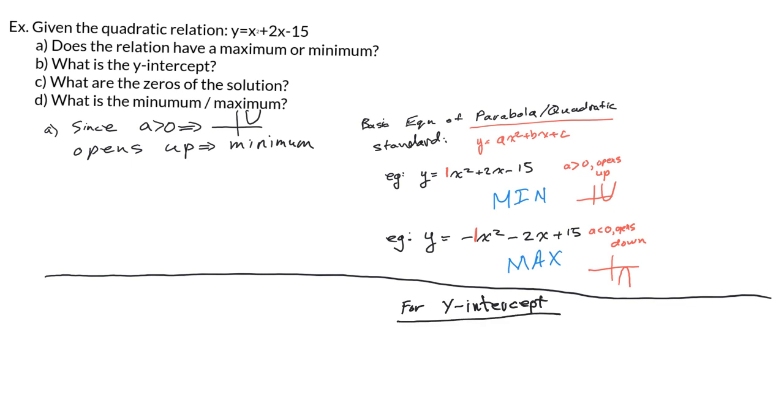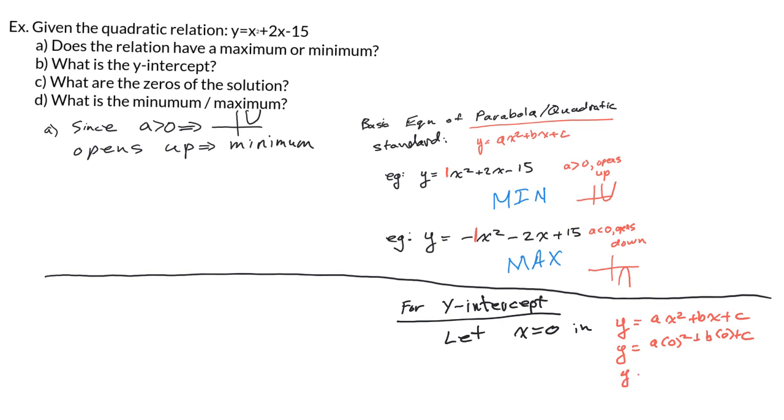here's what we do. We let x equals 0 in our standard equation. Y is equal to ax squared plus bx plus c. So that means we got y is equal to a times 0 squared plus b times 0 plus c.